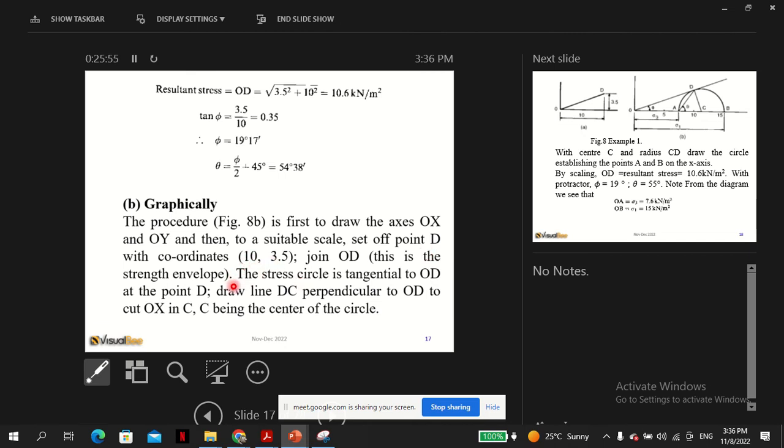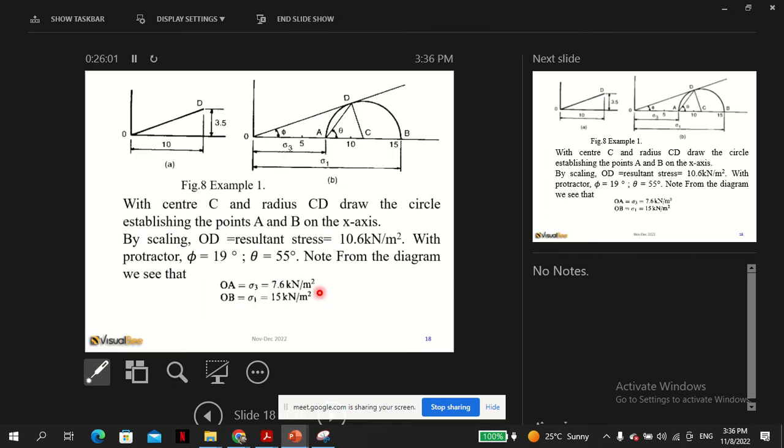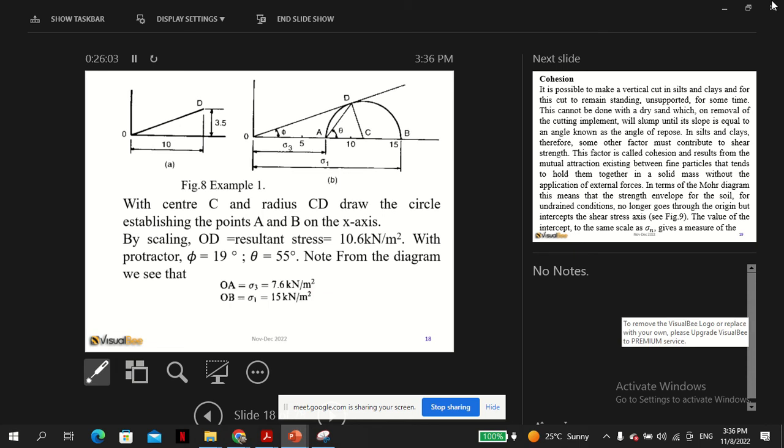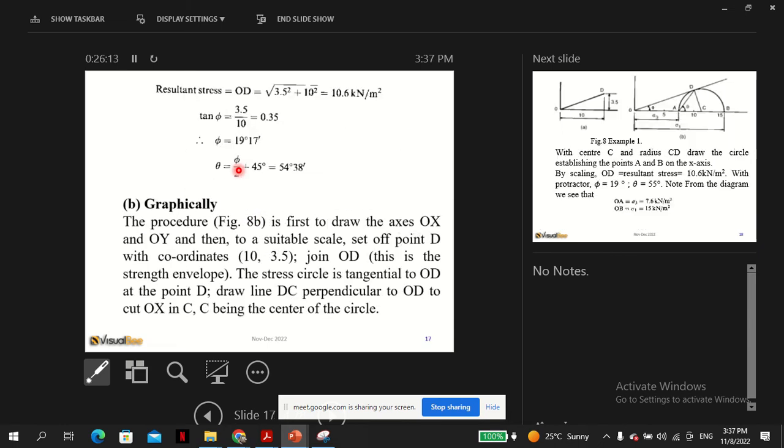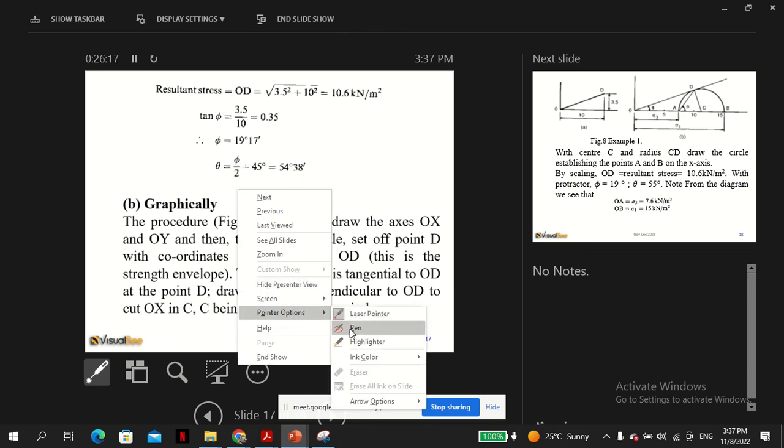This is a strength envelope, the stress circle. Anyway, no need for so many things, except that, of course, the circle. Assume you don't know anything here, whatever they are describing there.